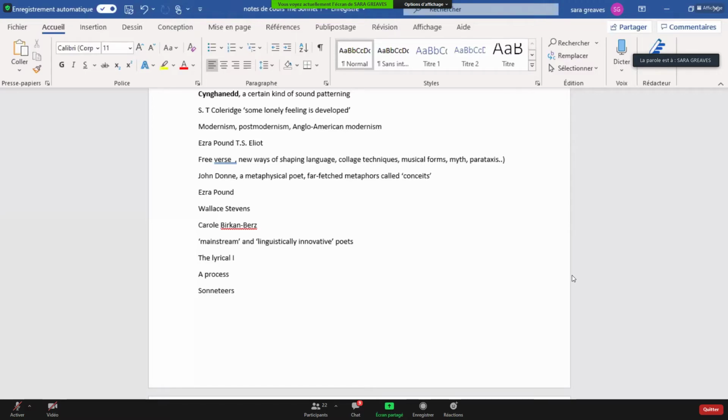So with relation to our class on the sonnet, what modernism did was to challenge received forms. They challenged all received forms, yeah?